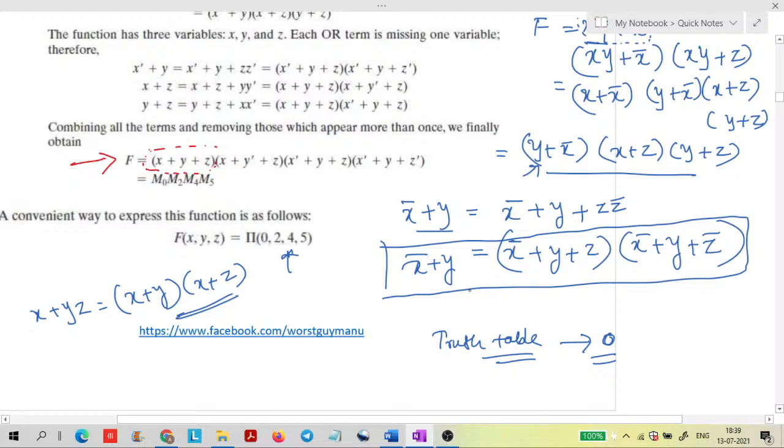In min term the output is 1. So here we got the first term, second term and third term. Combining all the terms and removing those which appear more than once, we will finally obtain the 4 terms.